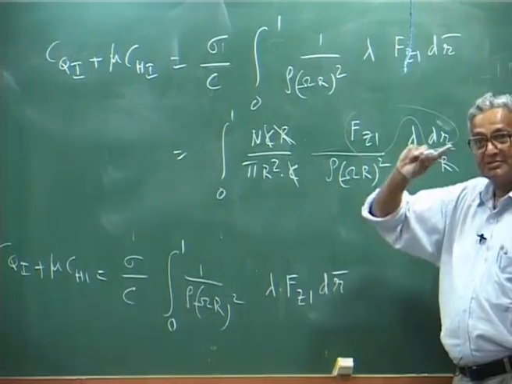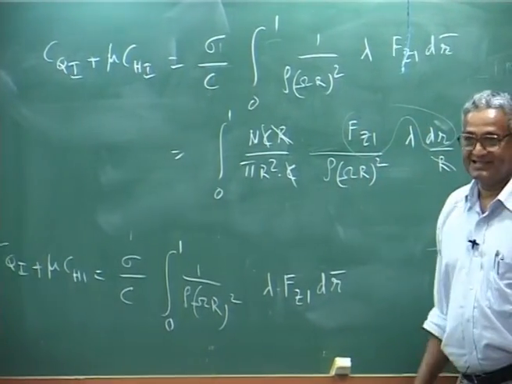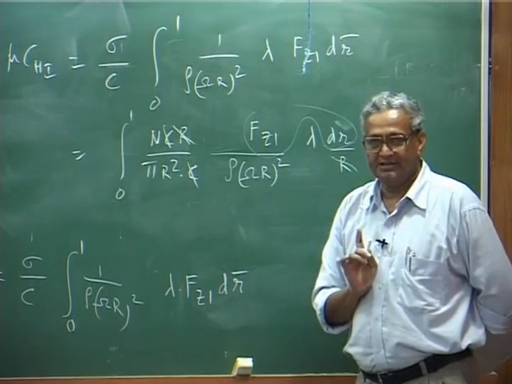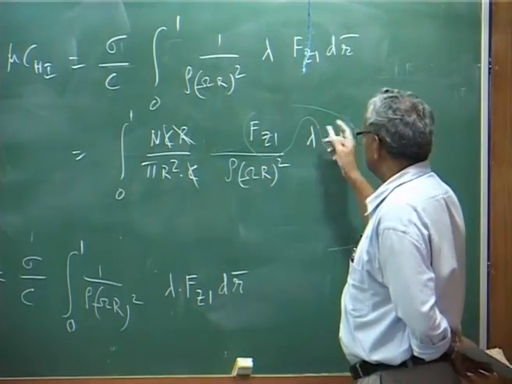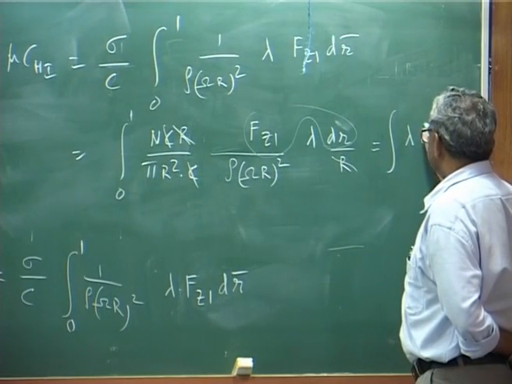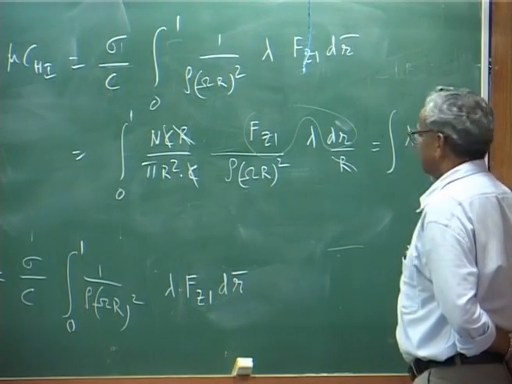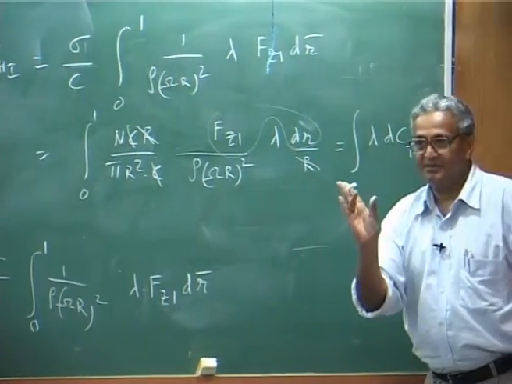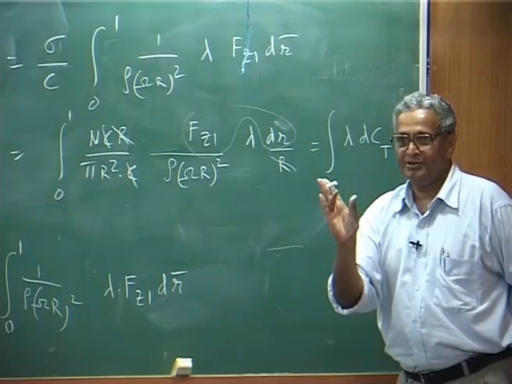This is basically the non-dimensional form which we use for thrust. N is the number of blades, right. So, this particular term is written as lambda dC_T, differential. This is a differential force only, a small elemental force.